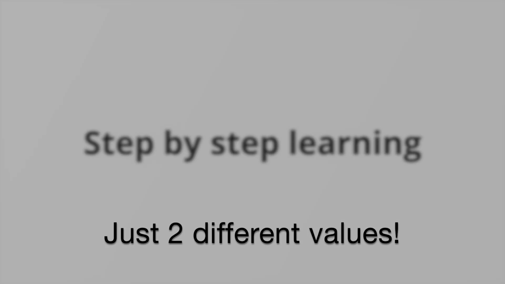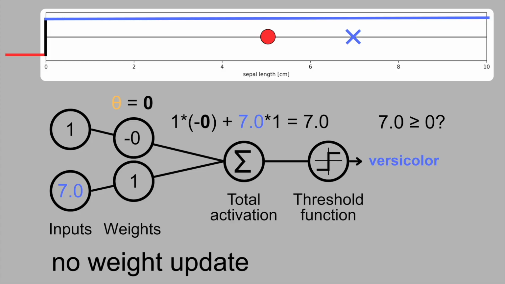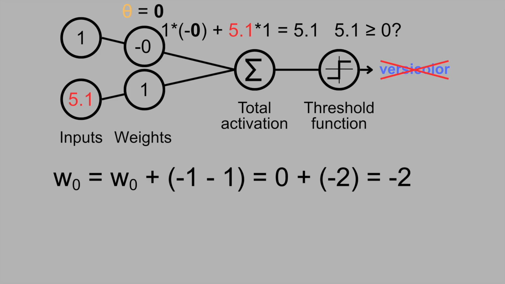We'll quickly go through the entire learning process for just different values. As you remember, for versicolor, our perceptron guessed right, so no weight update is performed. For the setosa, it was incorrect, so we have to compute the update. The new W0 will be just -2.